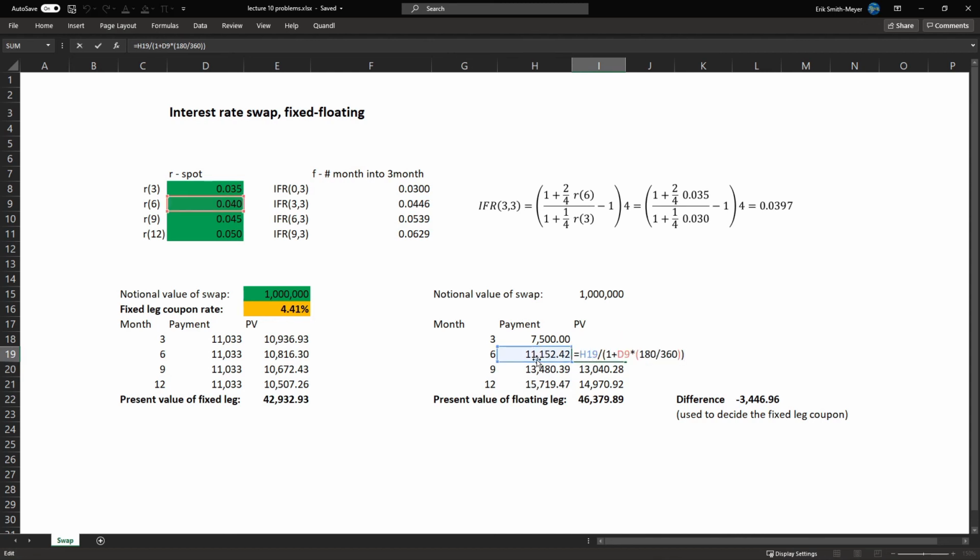This payment is discounted using the 6-month spot rate, which means that the present value of the floating leg changes.